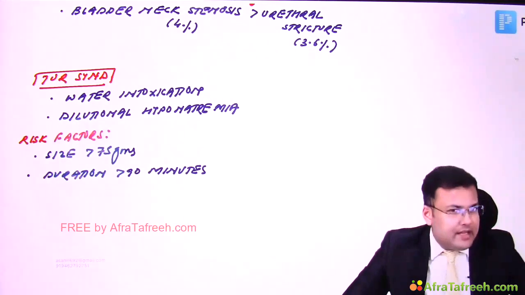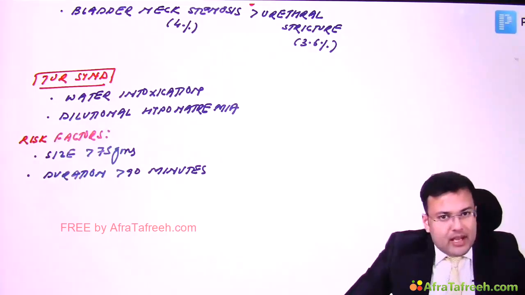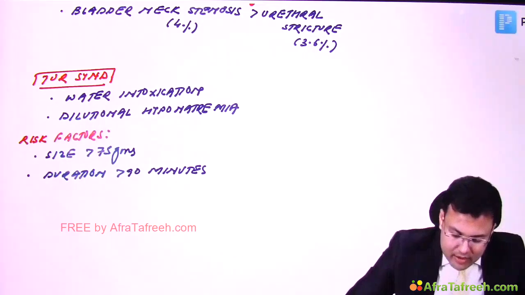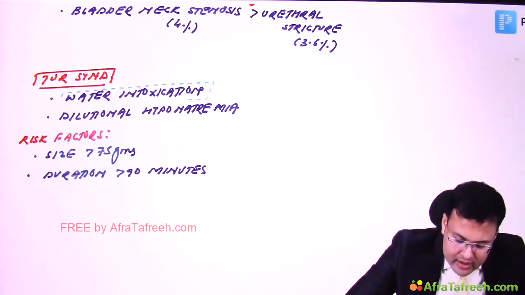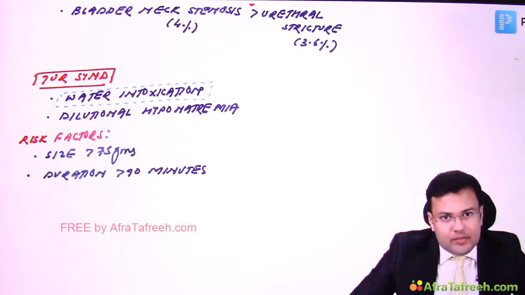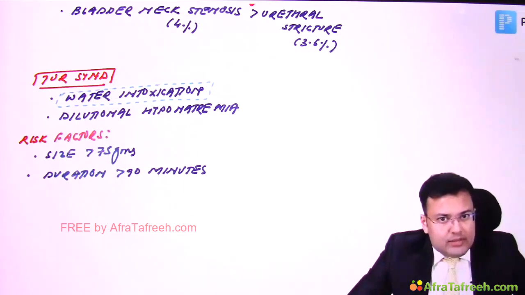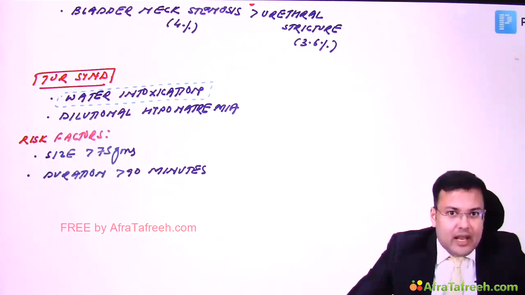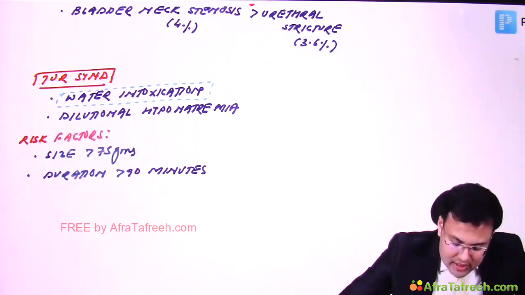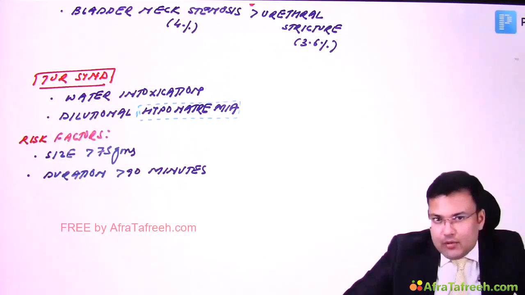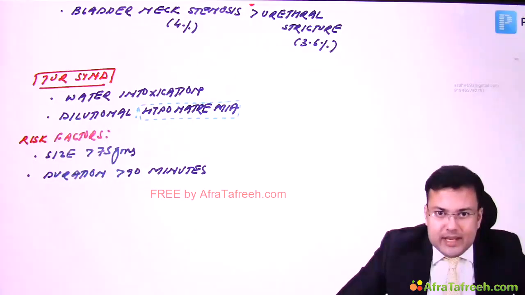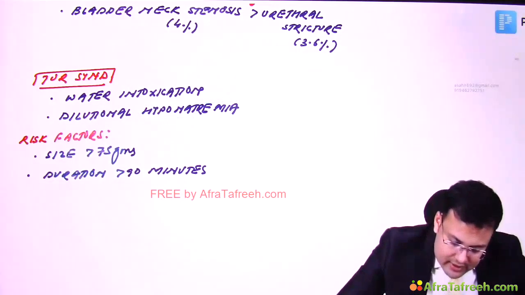Right? It is very easy to remember the symptoms, and it's very easy to remember the management. See the problem. What is the problem in this case? There is water intoxication, means fluid overload. So whenever there is fluid overload, this patient will be having hypotension or hypertension? Obviously hypertension. And there is dilutional hyponatremia. So because of hyponatremia, the patient is having dizziness, confusion, visual abnormalities, bradycardia. So what are the symptoms?